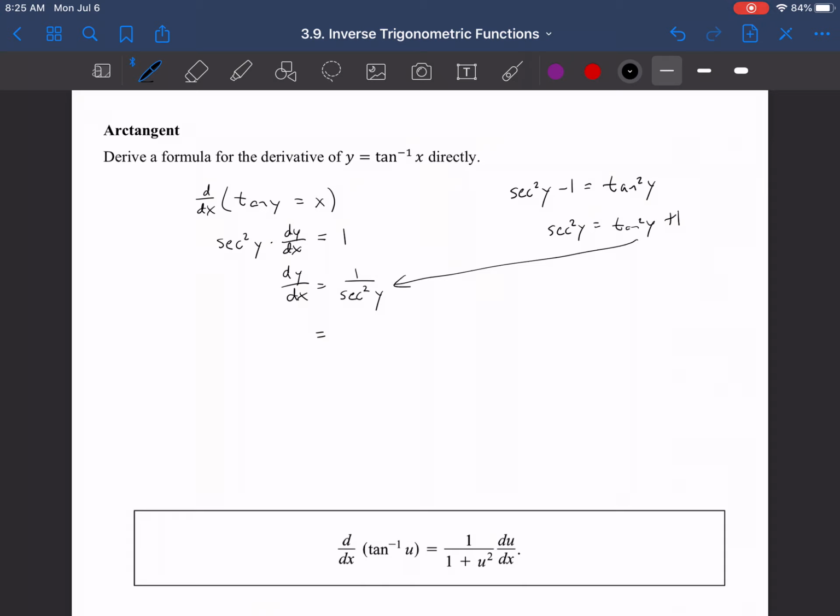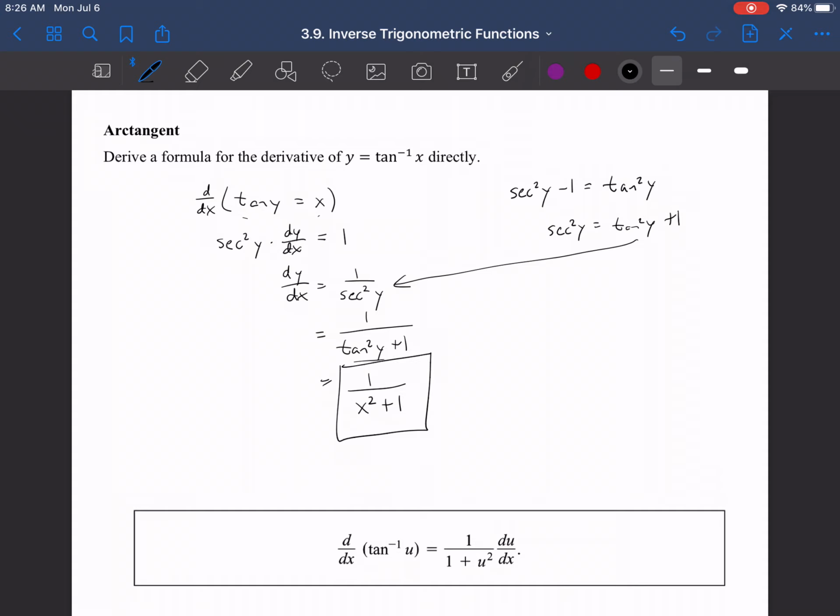Substitute that in right there. So this becomes 1 over tangent squared of y plus 1. And if we look back up here, tangent of y is x, which means we can replace that tangent of y with an x. That means this becomes 1 over x squared plus 1. And that's our derivative right there.